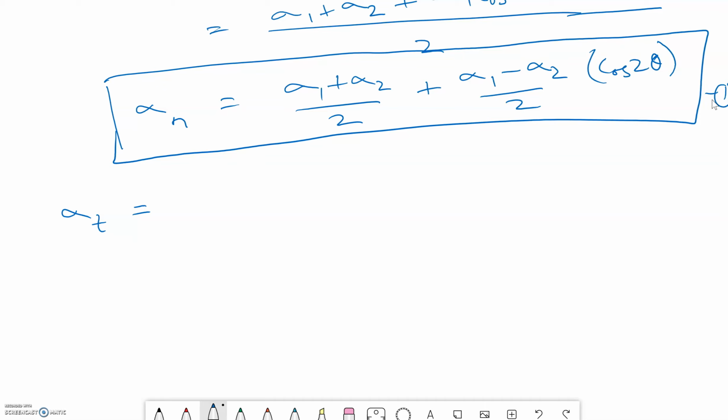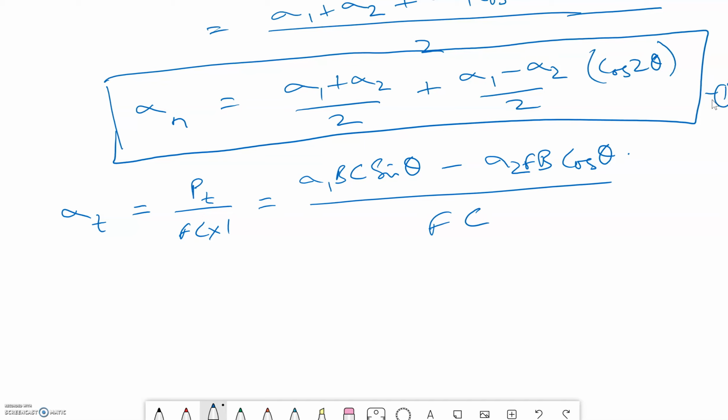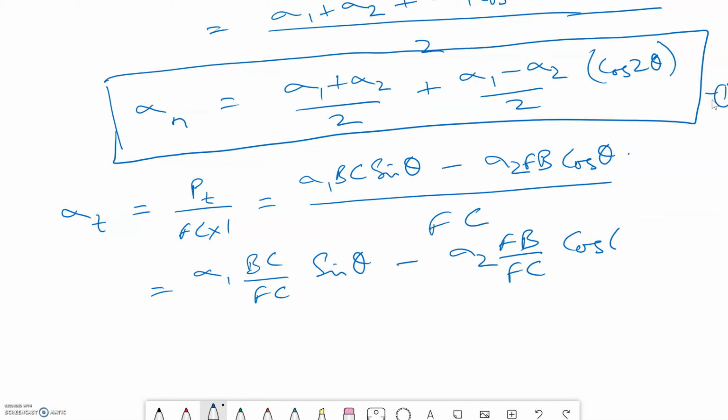Now the total force acting along section FC will be equal to the sum of the individual forces, or the components of the forces, PT by FC times 1. Now PT is sigma 1 BC sine theta minus sigma 2 FB cos theta by FC. Now what we did earlier, we will follow the same pattern. Sigma 1 BC by FC sine theta minus sigma 2 FB by FC cos theta.